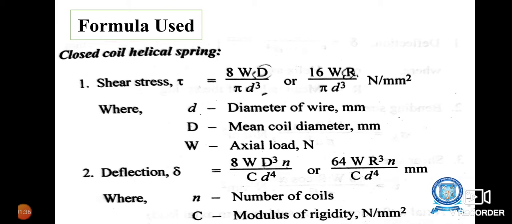Second formula, deflection: del equals 8WD cubed n divided by C small d raised to 4, or another formula, 64WR cubed n divided by C small d raised to 4. Unit is mm, where small n is the number of coils and C is the modulus of rigidity, unit Newton per millimeter square.